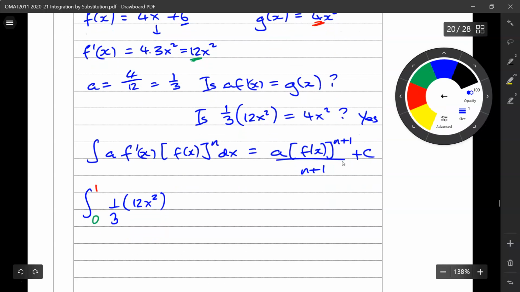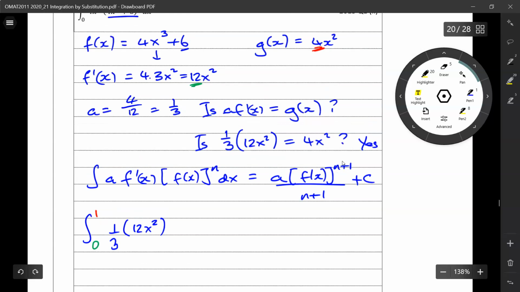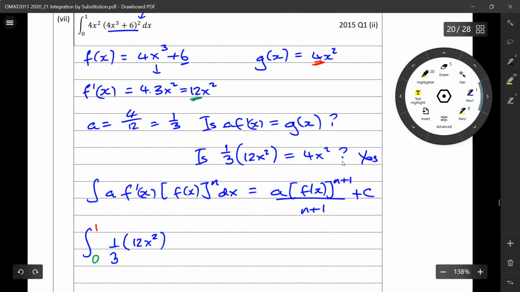And then we have our function here, my f of x, 4x cubed plus 6 squared dx. So I've written everything out here. This is a, this is the first derivative of f of x, and this is f of x to the power of n, where n is equal to 2. And then I just fill that in.